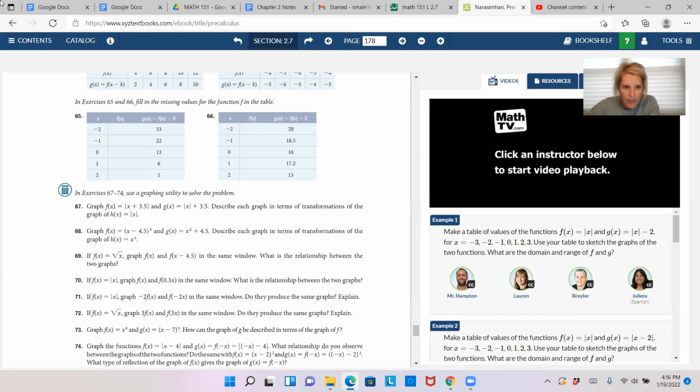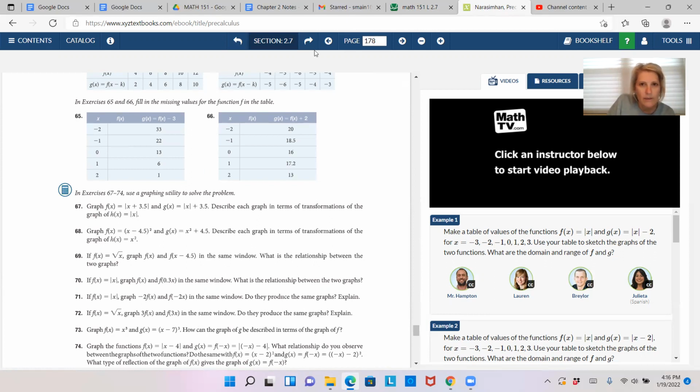So this one we're actually going to do on paper because it's easier to talk about it that way. So let me get them written down. And our base function is h of x, and it's the absolute value function.